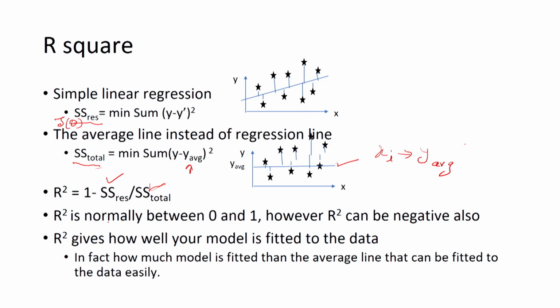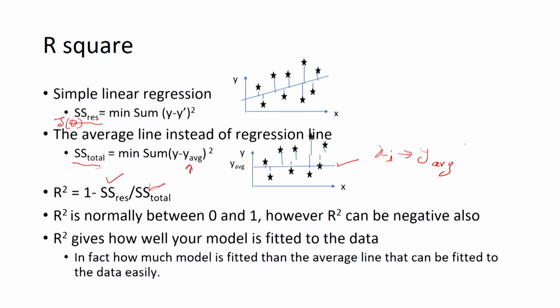So, we can say R square will normally be between 0 and 1. Why between 0 and 1? Because we assume that the error of the model that we have learned will always be less than SS total, the average error. If this error is less than that, then 1 minus some value will definitely be less than 1, and when SS residual is 0, R square is 1.